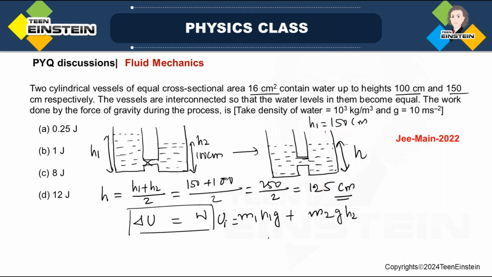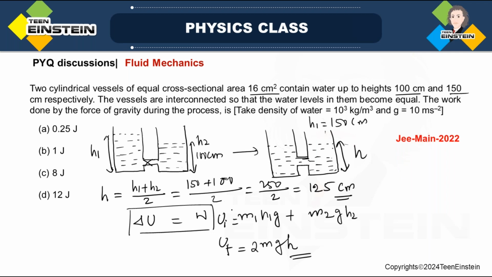And the final one, this is water only. The final one will have the same density, same height, so they will have the same mass, right? Same area and same volume and same density will have the same mass. So 2 mg into the height. This much I can say.